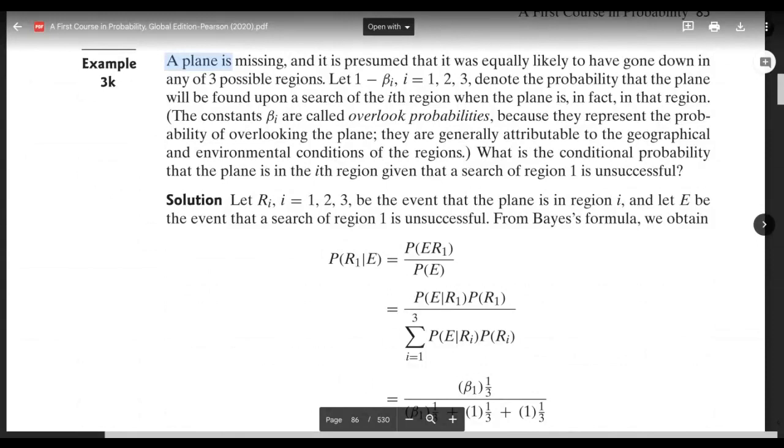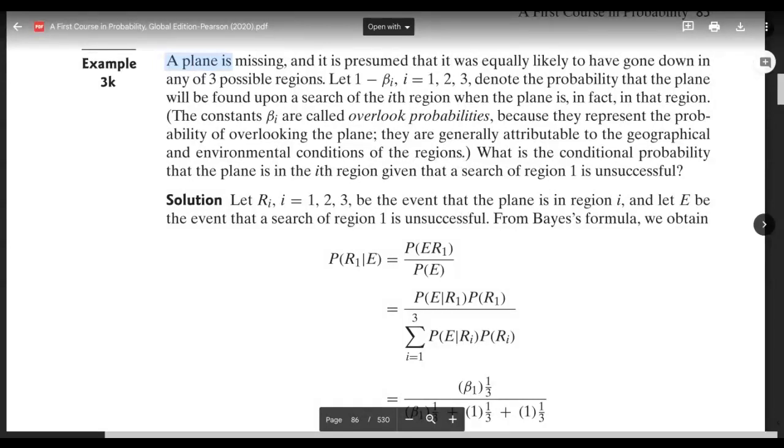So the constants beta i are called overlook probabilities, because they represent the probability of overlooking the plane. They are generally attributable to the geographical and environmental conditions of the regions.